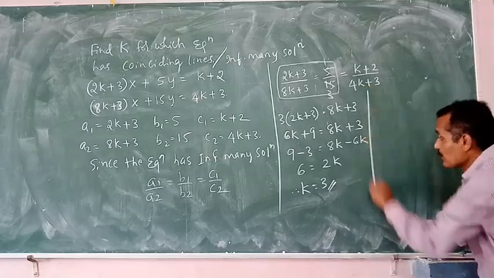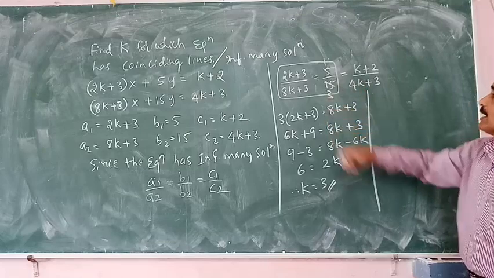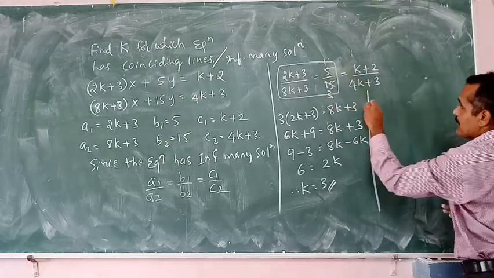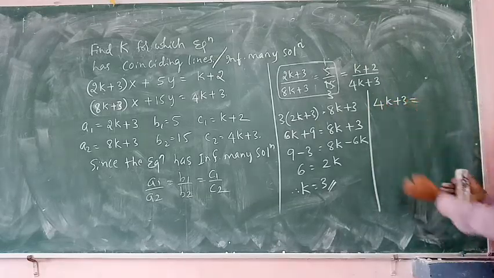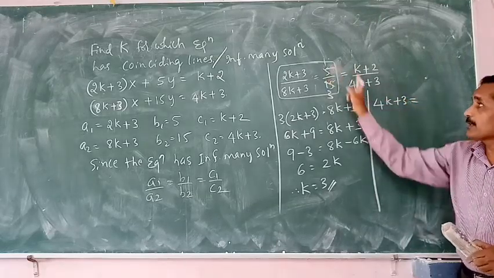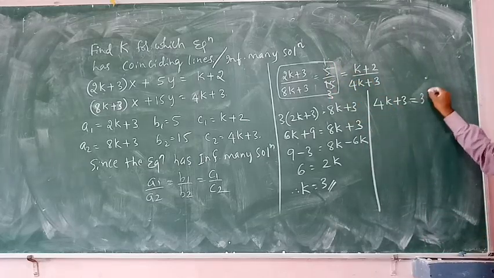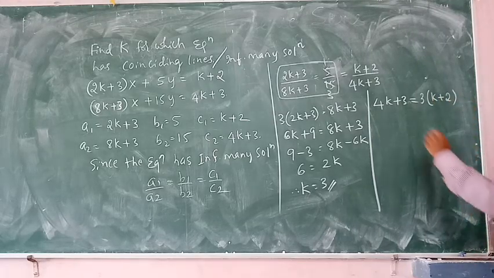Of course, this is the end of your solution. But if you want to verify, I will go for these two sets also and show you whether we get the same answer or not. Cross multiply. It is 1 into (4k plus 3) is equal to 3 into (k plus 2).